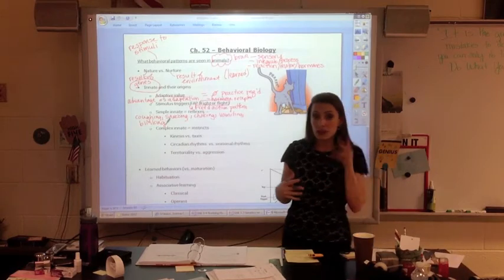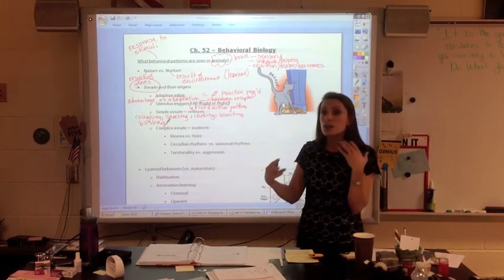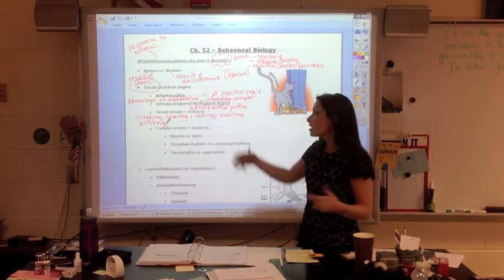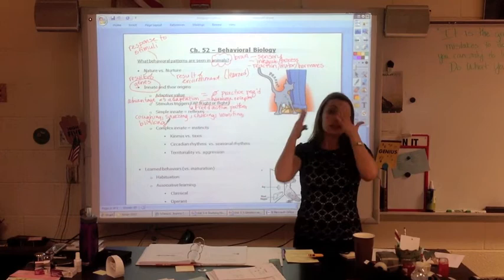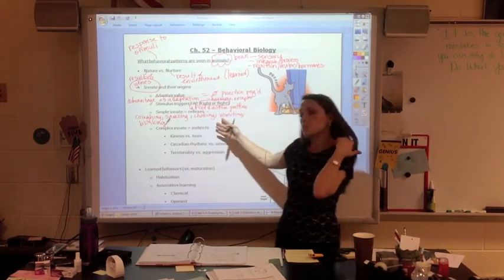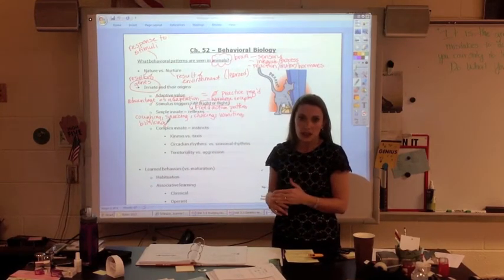If there is something that triggers a response in your body as a poison or a toxin, being able to vomit and get that out is a huge advantage. Blinking, if there's dust in the air and you're blinking. Crying, there are a lot of simple innate behaviors that happen every day that we have no idea is happening.